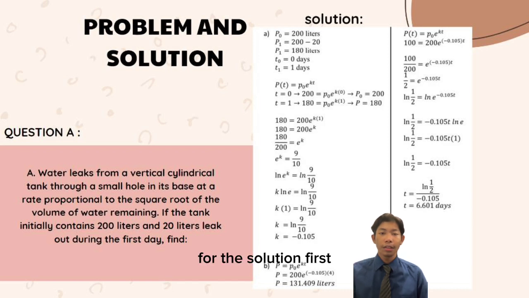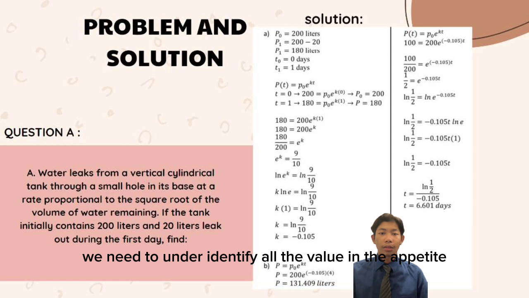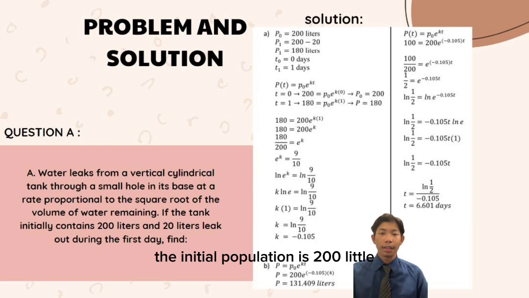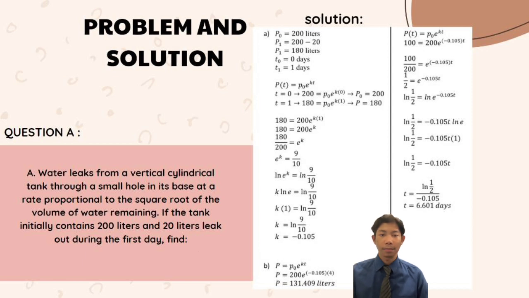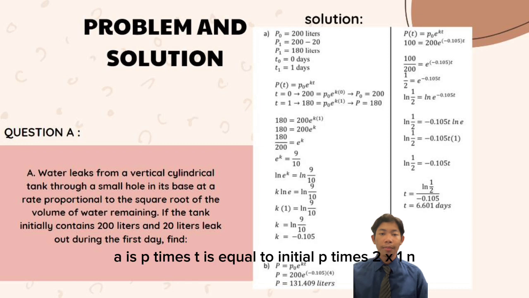For the solution, first, we need to identify all the values in the equation. The initial amount is 200 liters, and after 1 day, the water decreased to 180 liters. The formula we use to solve problem A is P(t) equals initial P times e to the power of constant multiplied by time.